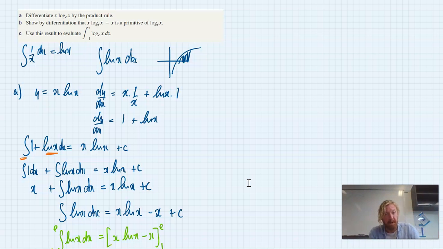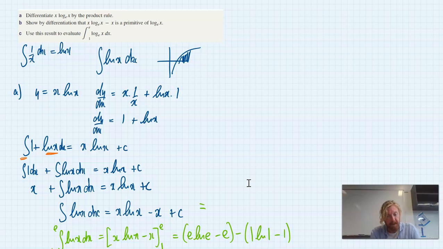Equals E ln E minus E, minus 1 ln 1 minus 1.